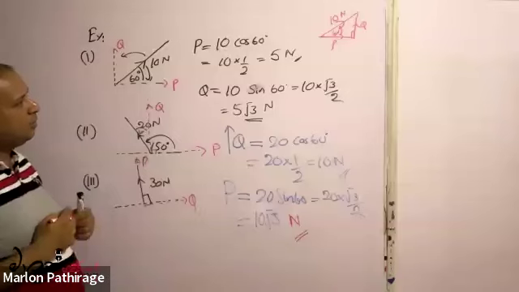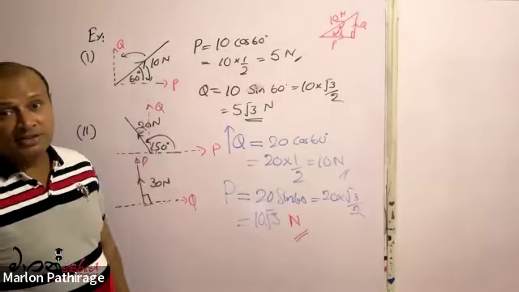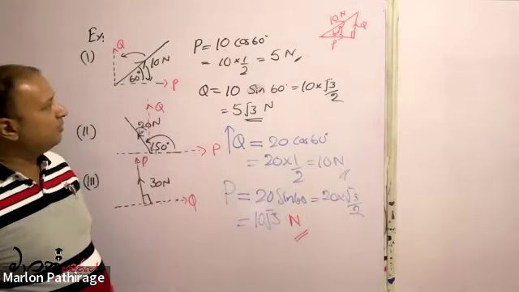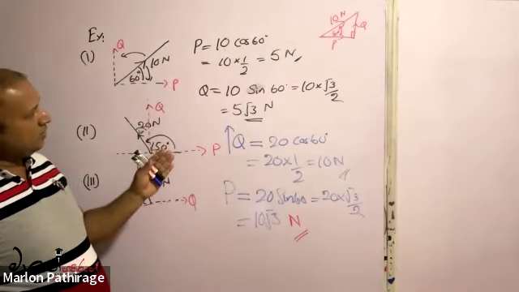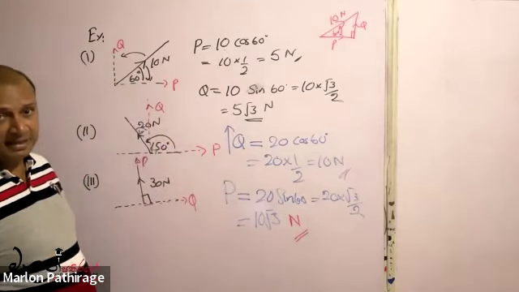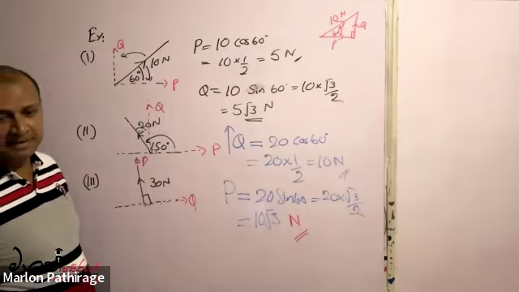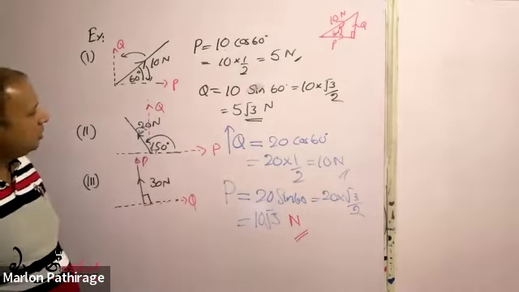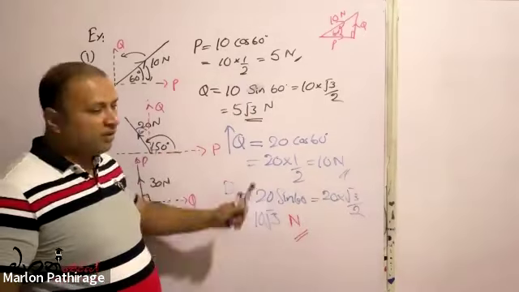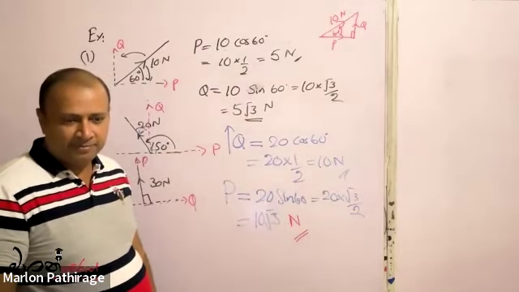Therefore, P is equal to 10 cos 60. That means 5. Then Q is equal to 10 sin 60. Sin 60 gives root 3 over 2. It's 5 root 3.